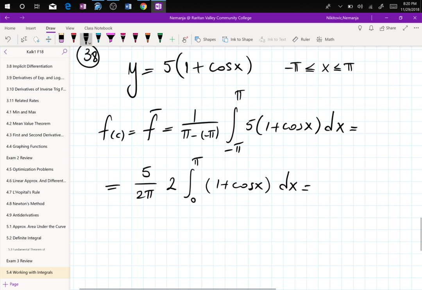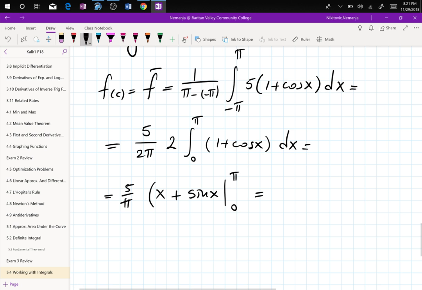Now this 2 will cancel the 2, so it's just 5 over pi. Integral of 1 is x. Integral of cosine is sine x, computed from 0 to pi. So now 5 over pi, plug in pi everywhere. That's going to be pi plus sine pi minus 0 minus 0.